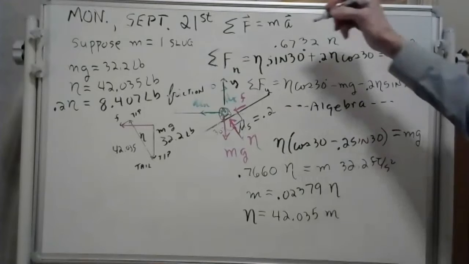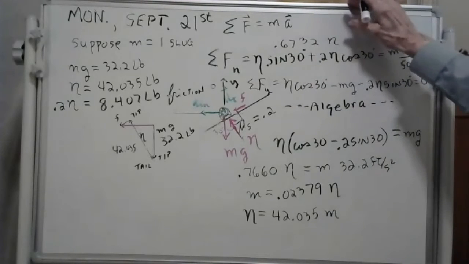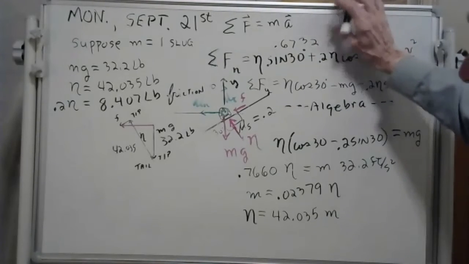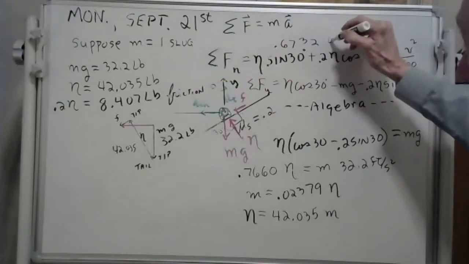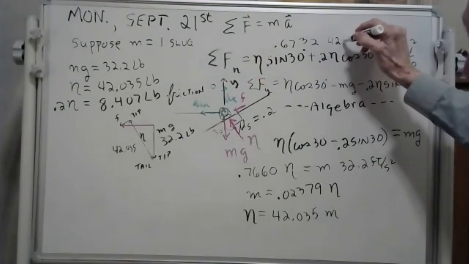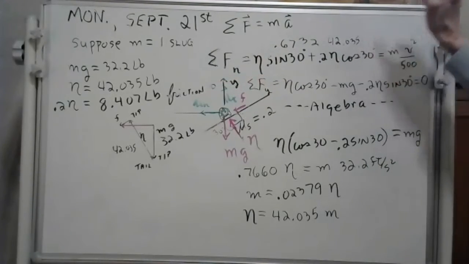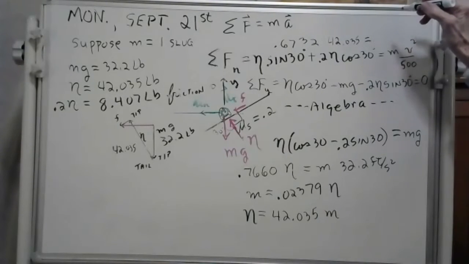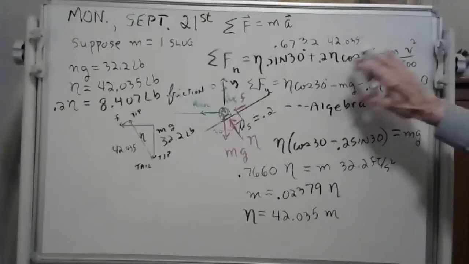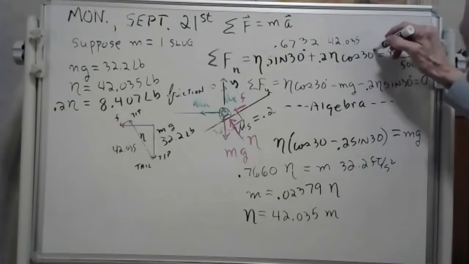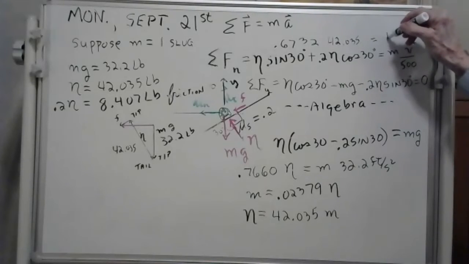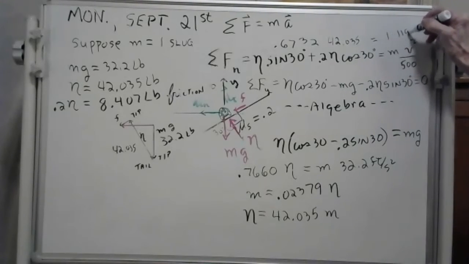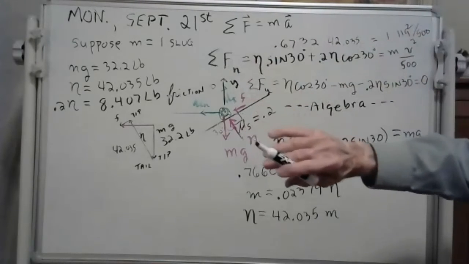Here we go. It's 0.6732 times the normal, which is 42.035, equals, well, that's it. That's what it equals. Of course, it will equal this too. If you plug in 1 times 119 squared and divide by 500, those should be equal.